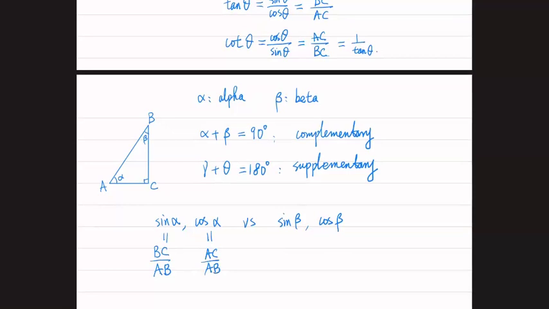Isabel, sine beta. Sine, opposite side AC over the hypotenuse side. Oh, AC over AB. Fred, cosine beta.